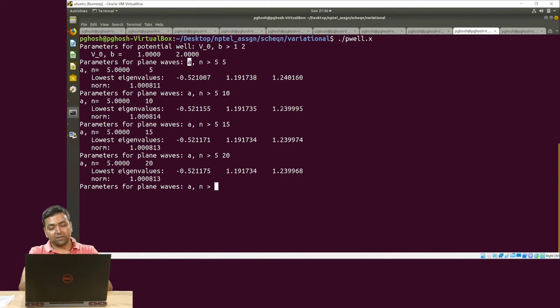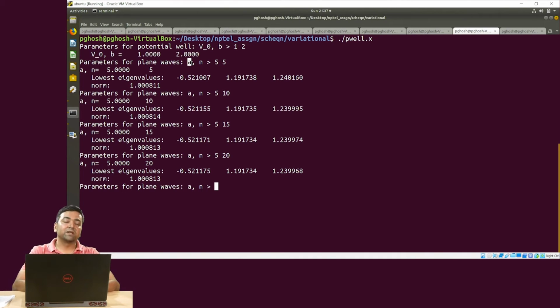So, about the correct picture: it is only when A, the periodicity of my plane waves, is infinitely large that the distance between the periodic images and the actual potential will be large, and I will be simulating the actual potential correctly.